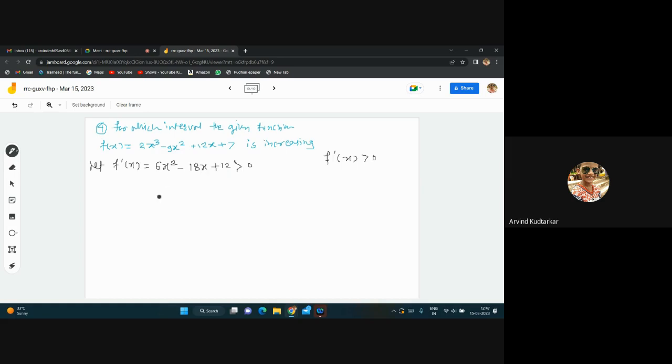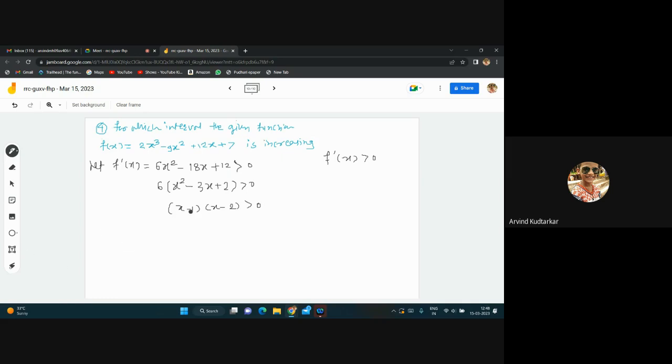So take 6 common. What you get is x square minus 3x plus 2 greater than 0. So what are the factors of this polynomial? x minus 1 and x minus 2. Now for which value of x should the first factor be positive?